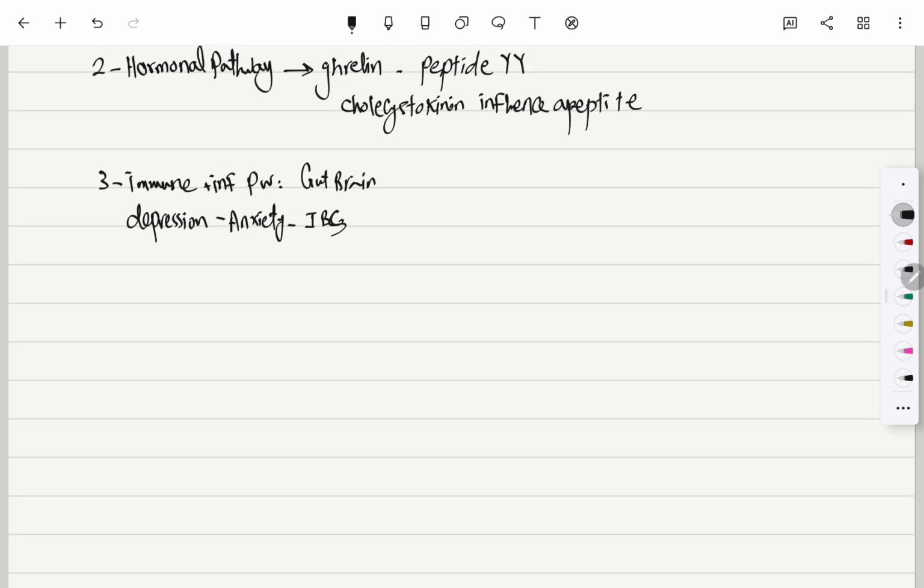Number 4, microbiota derived metabolites like short chain fatty acids. Those affect inflammation and the brain function.